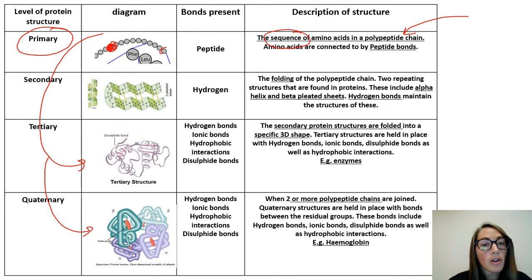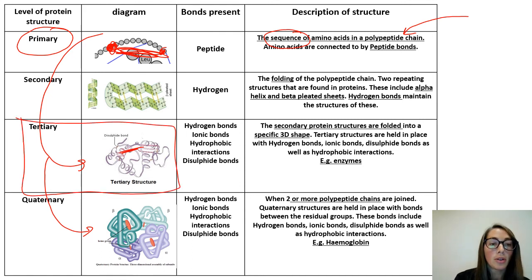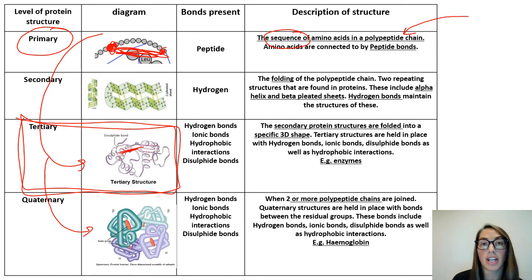So if we've got an amino acid here and here with sulfur on, maybe they are then able to form a disulfide bridge and pull together those parts of that polypeptide chain. That will determine, as we said, the tertiary structure or the three-dimensional folding of that polypeptide chain. And again, because protein shape is really important for its function, this is why primary structure is so important to get correct. We'll come back to that more later on in the year when we look at DNA and mutations and things like that.